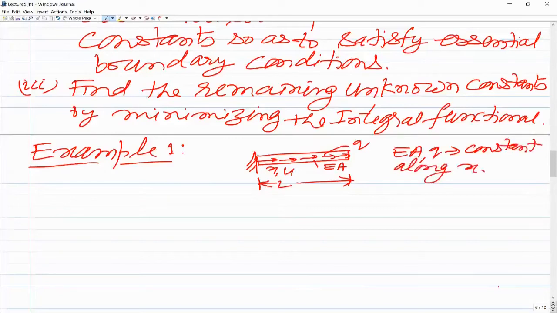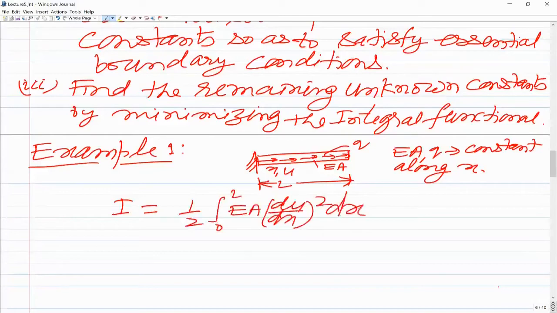Now we have already derived the integral functional for this problem, which is the strain energy term, half integration 0 to L, EA into (du/dx) whole square, minus the potential of this q, which is integral 0 to L of u q dx.